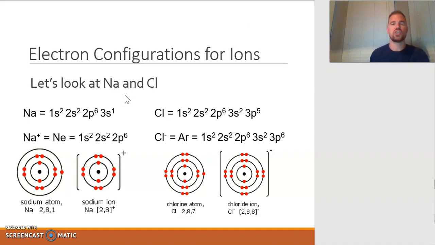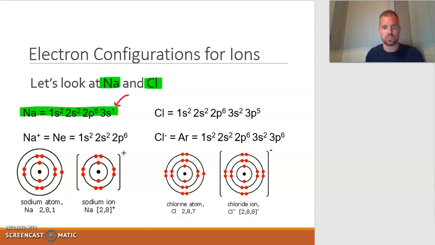Let's take a look at the configuration for sodium and for chlorine. Sodium's electron configuration is here. Notice that it has 1 valence electron. We also could have figured that out based on what group it's in. Chlorine's electron configuration is here. Notice how many valence electrons it has.